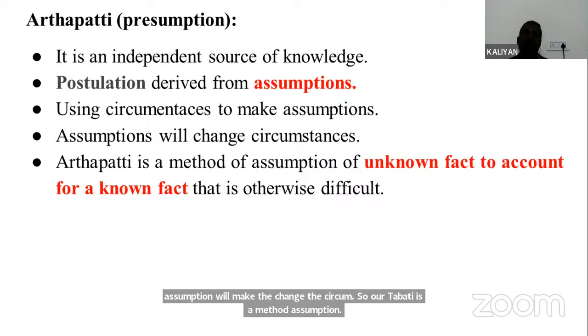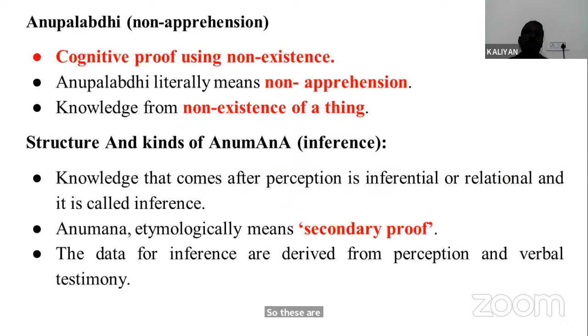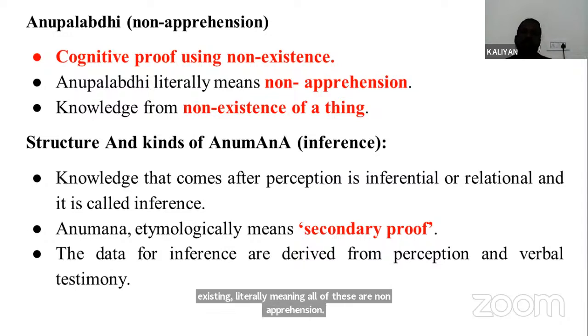And anupalabdhi is non-apprehension, cognitive proof using non-existence. Literally, anupalabdhi is non-apprehension, knowledge of the non-existence of a thing.